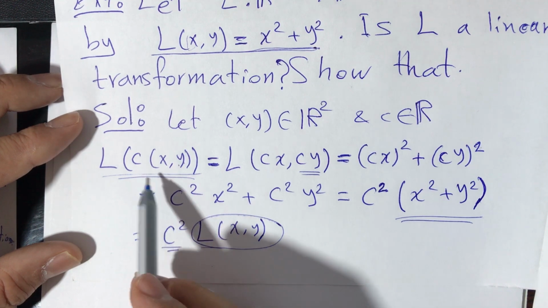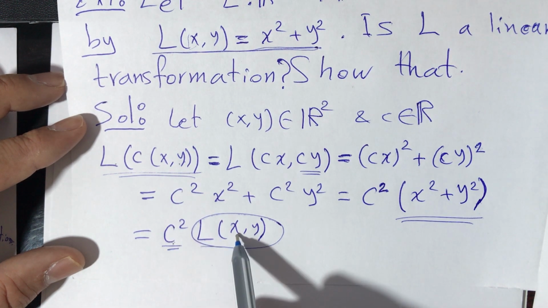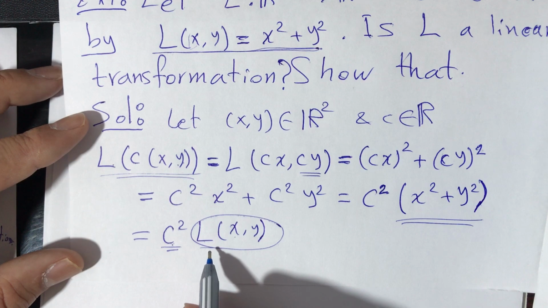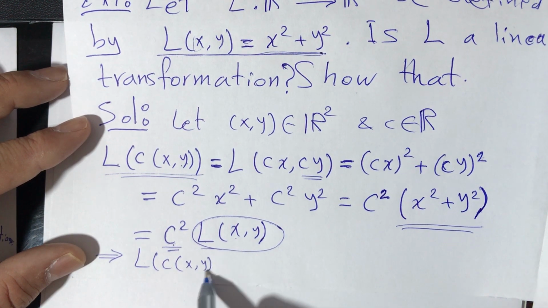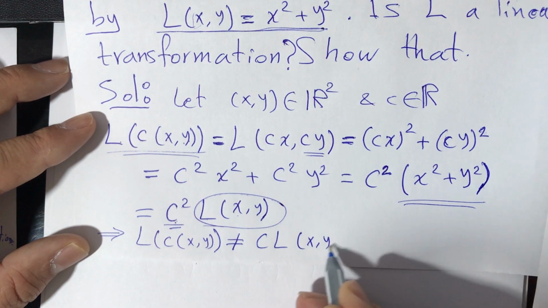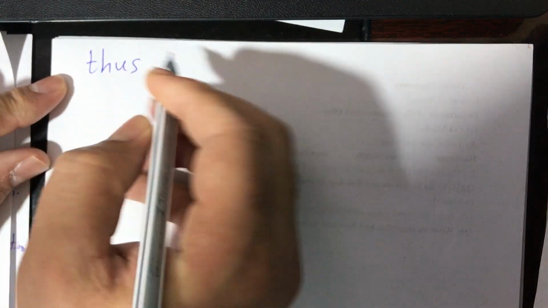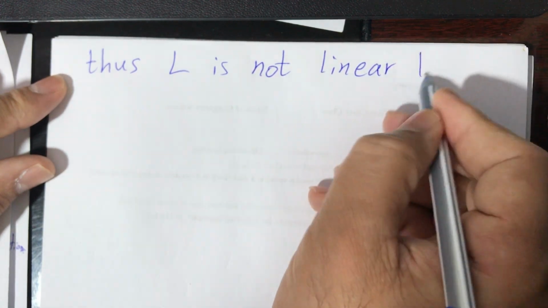If this condition were satisfied, we would have to show that L of c(x, y) equals c, just c, not c squared, times L of (x, y). But we get c squared L of (x, y), which implies L of c(x, y) is not equal to c L of (x, y). Thus L is not a linear transformation.